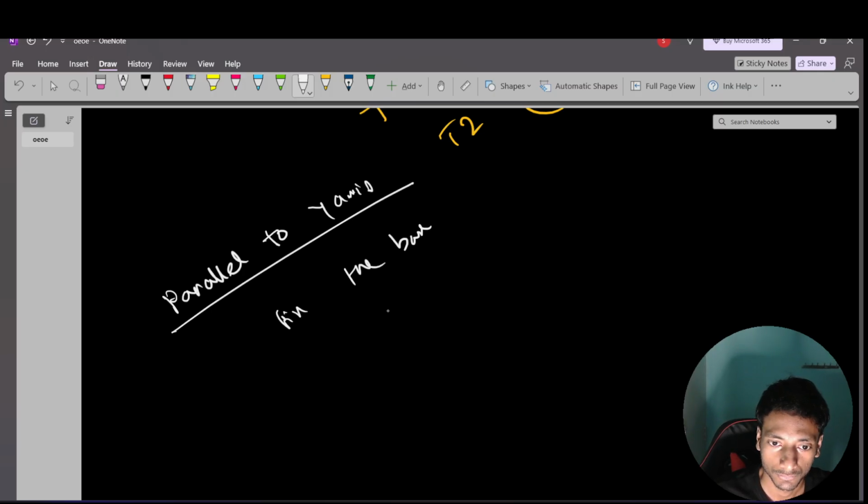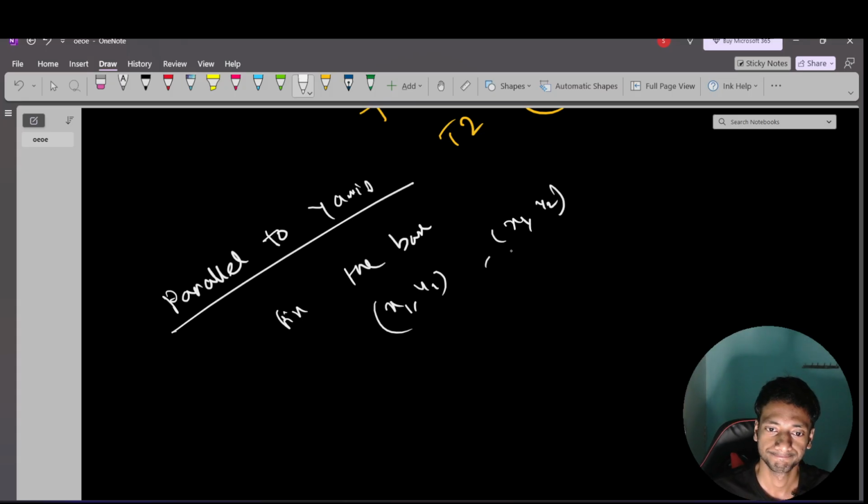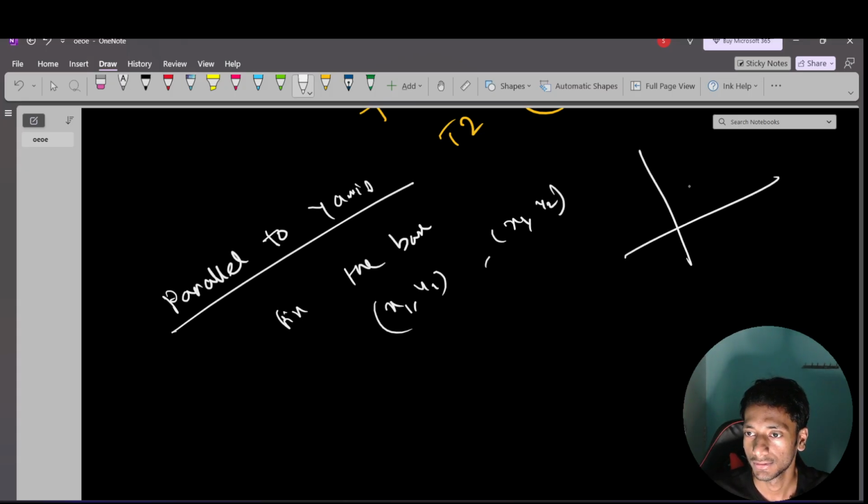The condition will be x1 comma y1 and x1 comma y2, because parallel to the y-axis, this is the condition. So this is the base. Base means this thing I am trying to say. Here you can see that x will be the same for these two points. So that's why the condition will be x1 comma y1 and x1 comma y2.